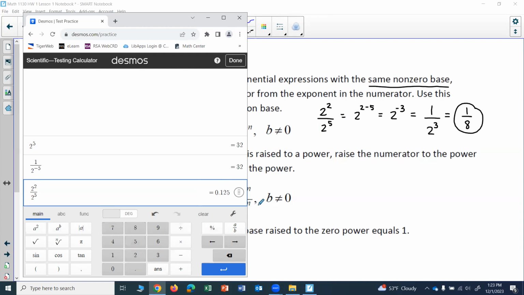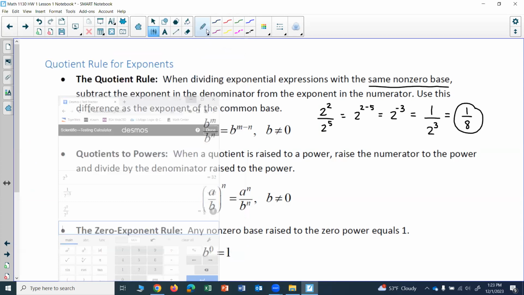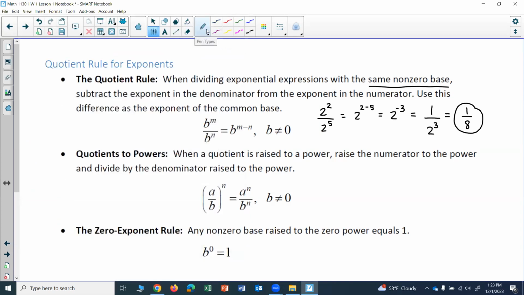And if you want to change your result to a fraction, use this convert to fraction button right next to the answer, and it will convert it to a fraction. So we know that 1/8 was correct. With numbers, you can always check in the calculator. If you have variables, you'll have to know these exponent rules in order to simplify your expression.